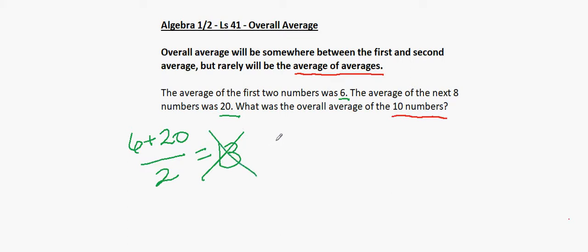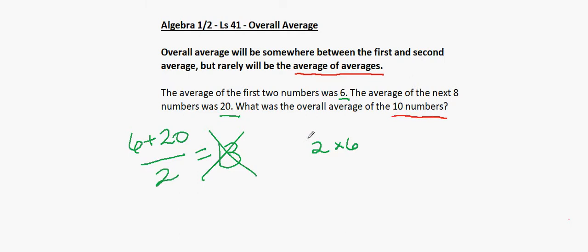Instead, how do we solve? Well, in this case, we don't know what all the numbers were, like in the first example. We can't just add them all up and divide by 10, but we can still solve. Think about that. The average of the first 2 numbers was 6. That means to have found that, we would have had to multiply 2 numbers times 6, divided by however many there were, 2, I guess.